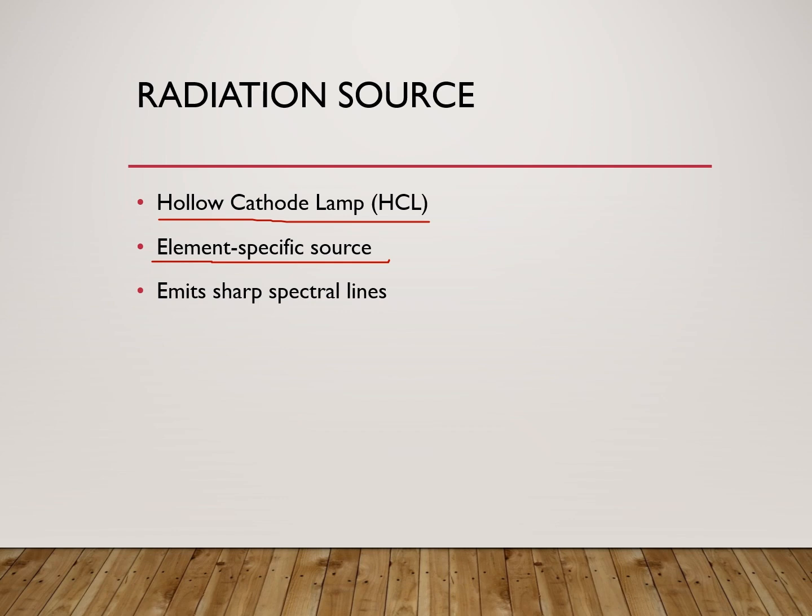The hollow cathode lamp will be specific for that element, and the cathode will also be made up of that material, so that the desired wavelength is emitted from the radiation source. So if we analyze the calcium atom, then we will use the radiation source of calcium.